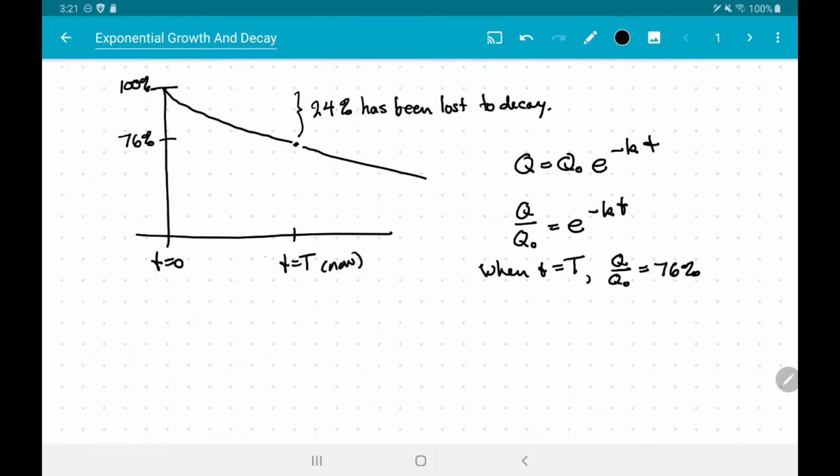That says that the remaining amount of stuff q compared to the amount that the sample must have had originally is 76%.